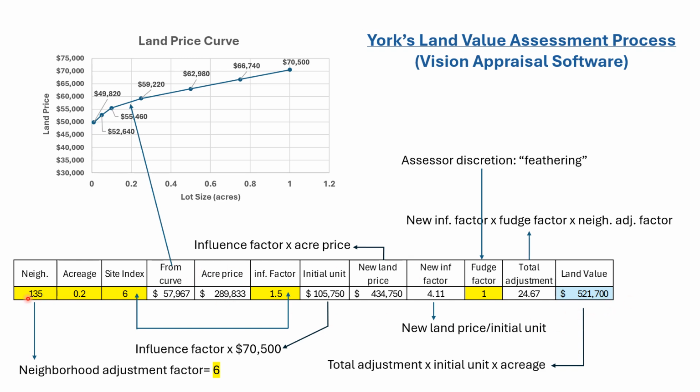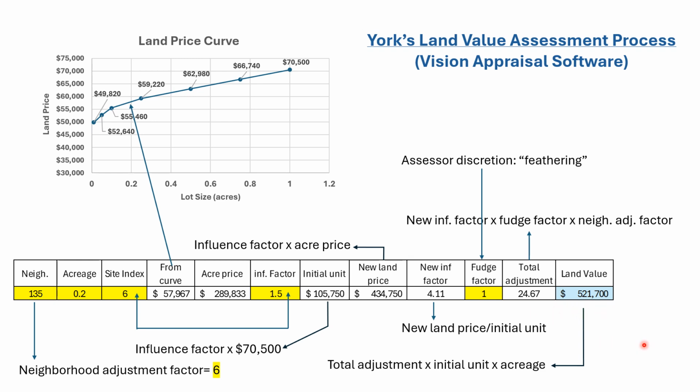So neighborhood, acreage, site index, influence factor, neighborhood adjustment factor, and then it works its way through to give a final land value. So it's a complicated calculation which involves many factors, but it puts out a land value based on those variables.